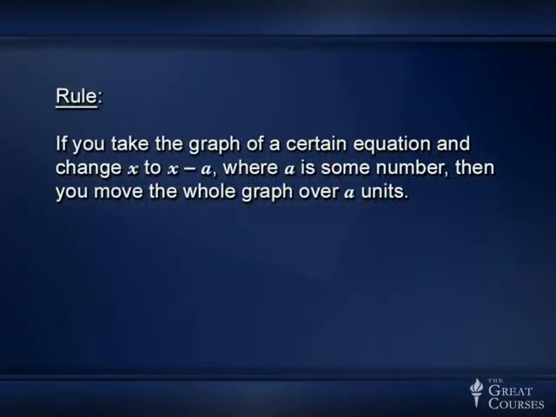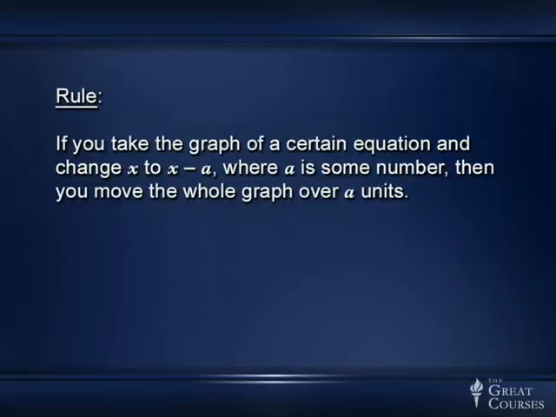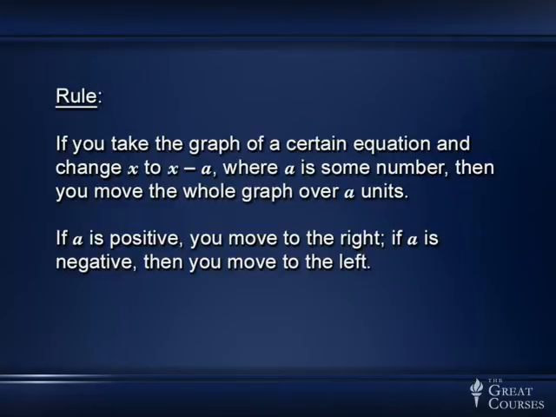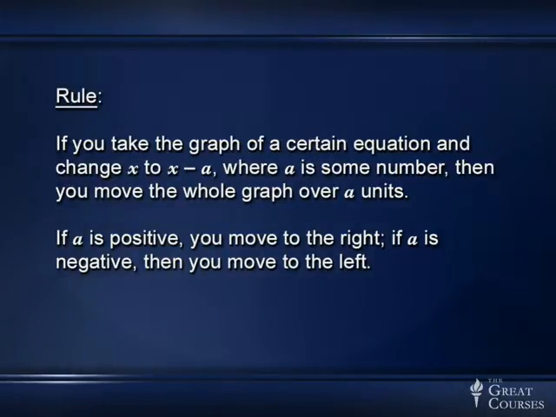If you take the graph of a certain equation and change all the x's to x minus a number, you pick the number, then it turns out that you move the whole graph over that many units. If the number that you subtract, let's say x minus a, is positive, if that a is positive, then you move to the right. If the value of a is negative, then you move to the left. It's that simple. And that's how you go from something like x squared to x minus 3 squared or x plus 4 squared. Okay, that's how we move left to right when we're drawing our graphs.